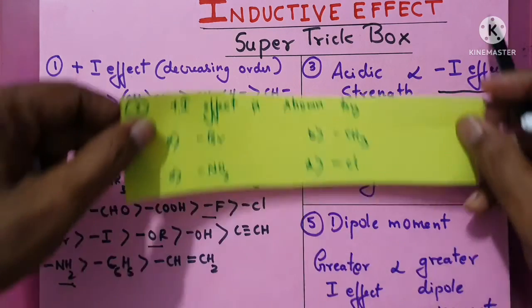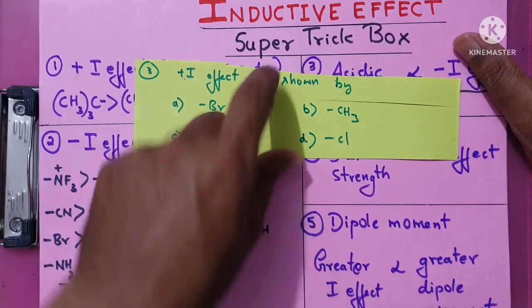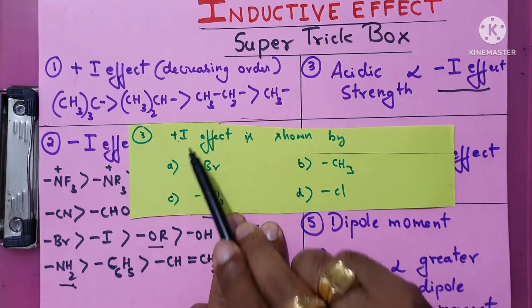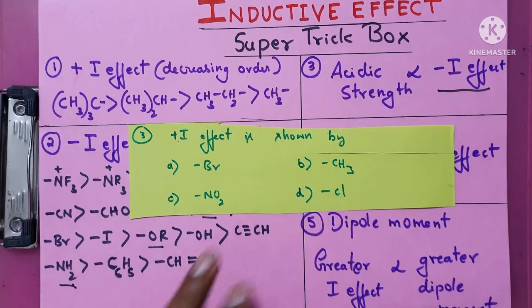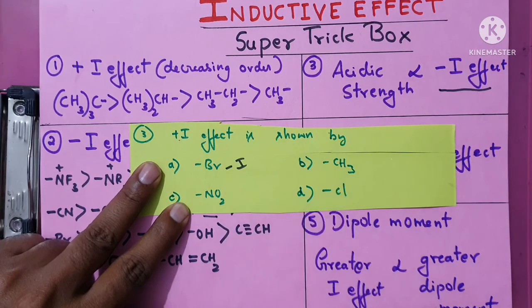We'll go for the next one. In this question, they are asking about the plus I effect. I'll just take it a bit downside so that you can understand it. Br, you know that it is minus I effect. This also shows a minus I effect. This also shows a minus I effect.